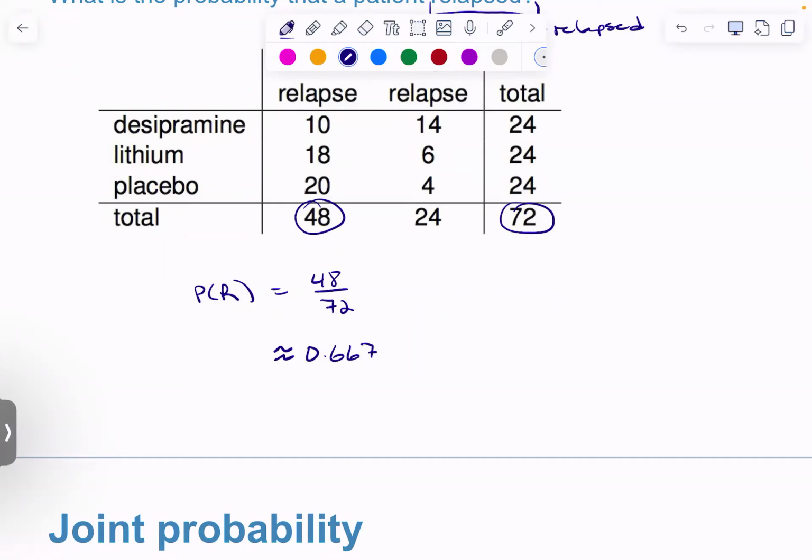It's technically 0.66 repeating, but for simplicity, we'll round to 3 decimal places. What if I asked you what's the probability that they didn't relapse? You've got the table, but if all you had was this, you would say 1 minus 0.667, or 24 out of 72.